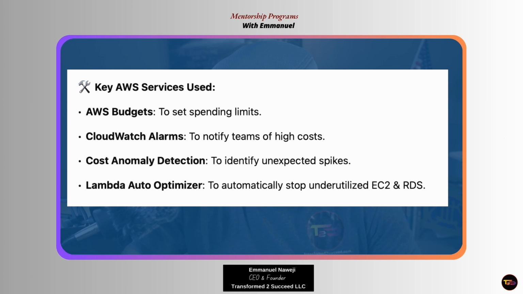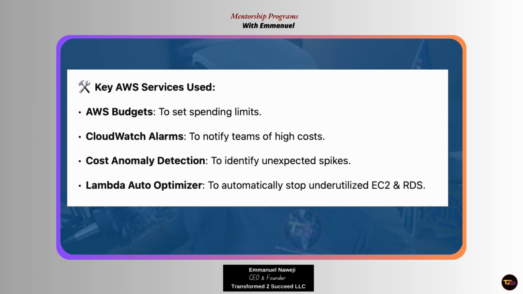And this Lambda Auto Optimizer, you don't only need to use it for the FinOps infrastructure, but you can use it for any other project that you may have. So this is really a good starting point for you to build even more complex infrastructure on AWS.